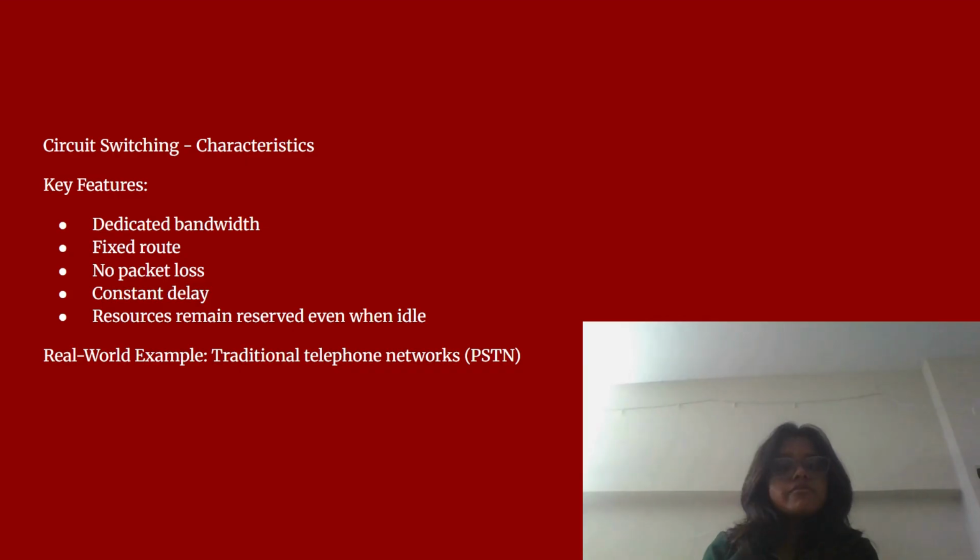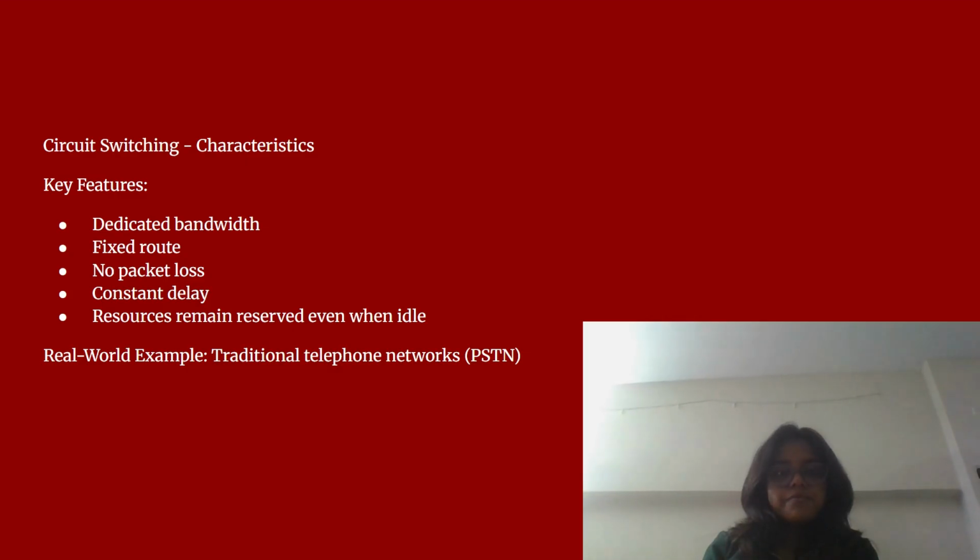There is no predefined route, no memory of previous packets, no guarantee of order. Each node independently decides, where should I send this packet next? This makes the network flexible, dynamic, adaptive to congestion and failure. This diagram visually shows freedom of movement for packets.